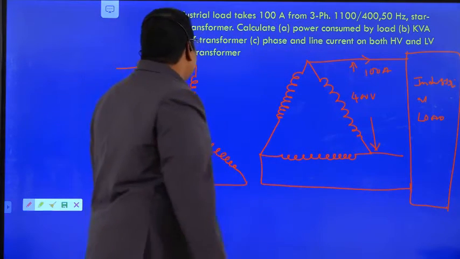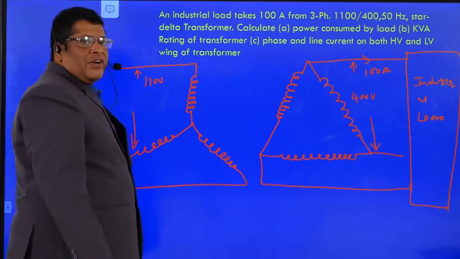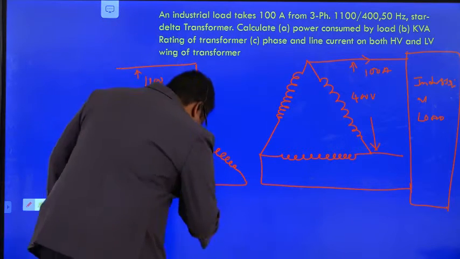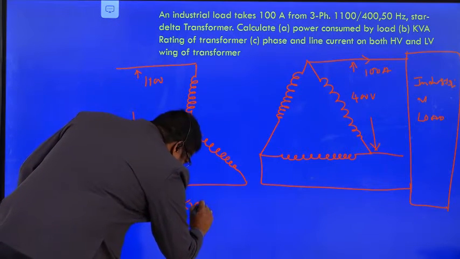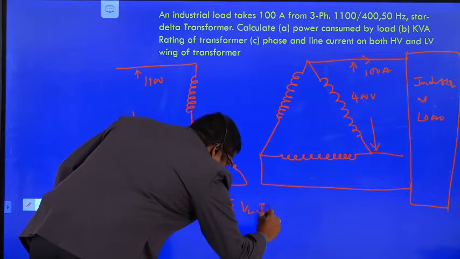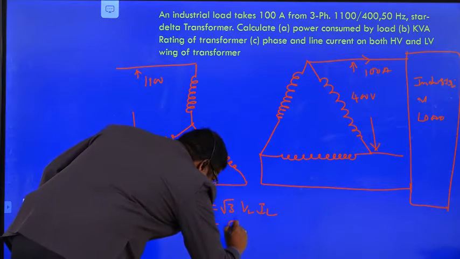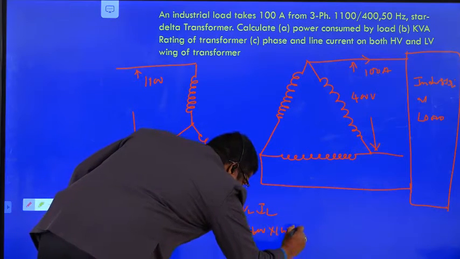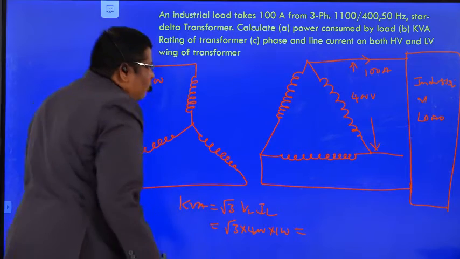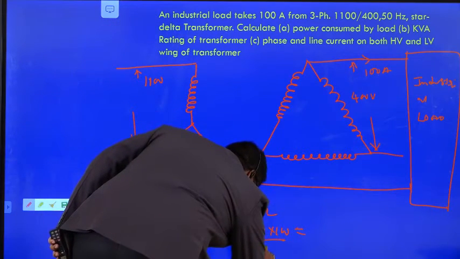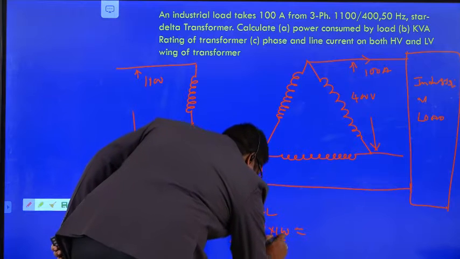First we are calculating the kVA rating of the transformer. So the kVA rating of transformer is equal to root 3 VL IL, secondary side. So root 3 into 400 into 100, divided by 1000, to convert it into kilovolt amperes.